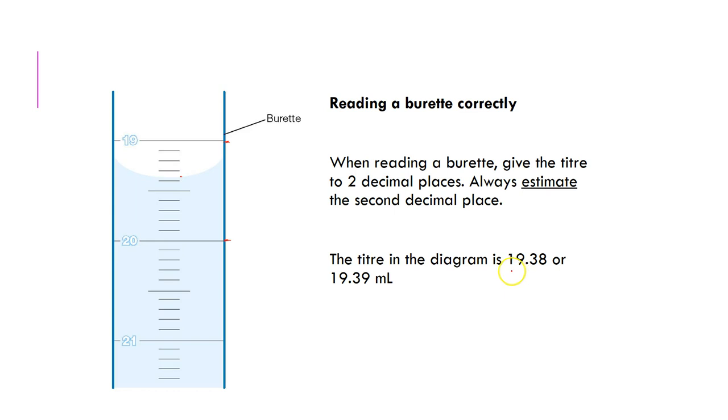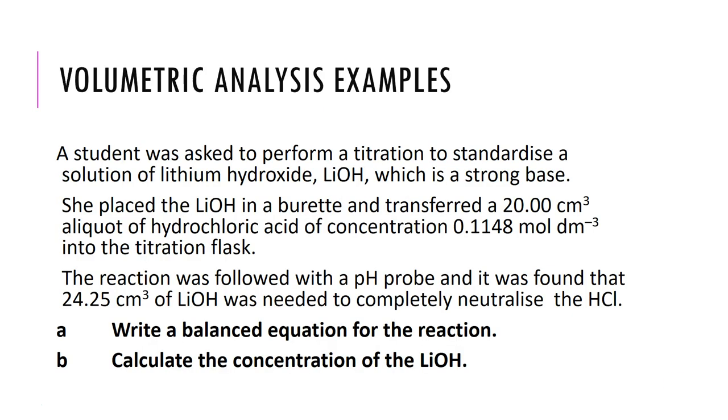So we could say that our estimate is 19.38 or 19.39 milliliters or centimeters cubed. So making sure that we estimate that second decimal place as accurately as possible helps us get a more accurate analysis. So what I might do is stop this here, and we will look at these examples once we are more familiar with the equipment.